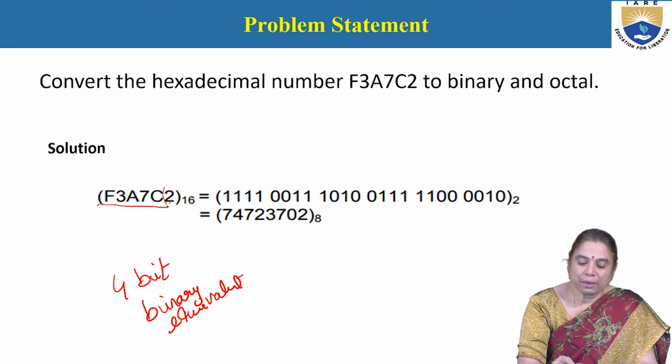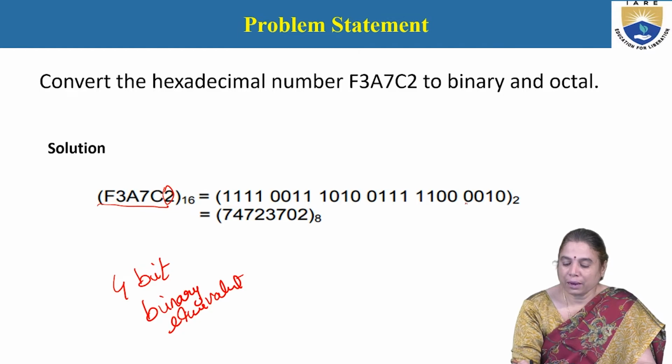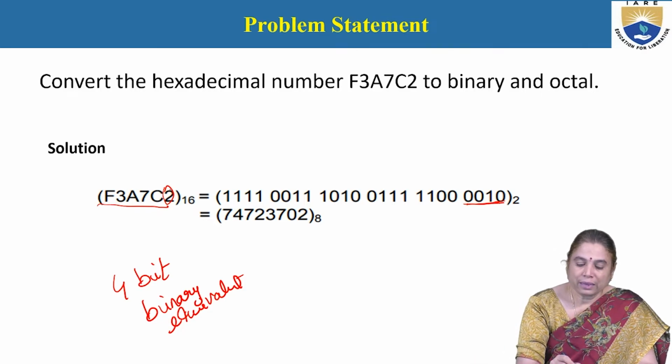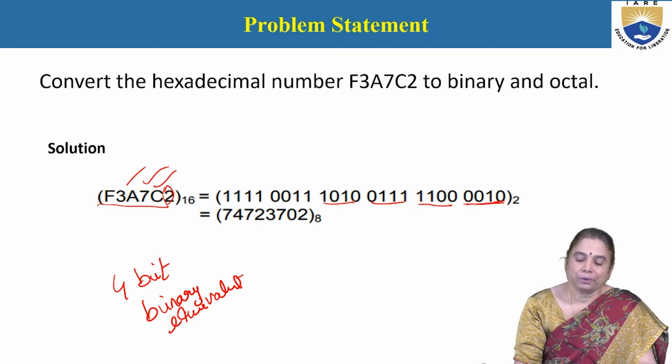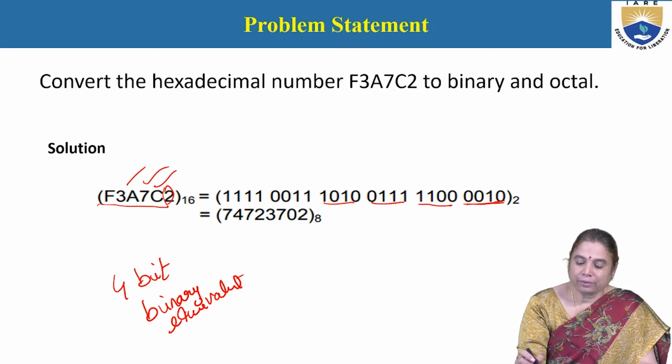So the digit 2 is represented with a 4-bit binary value of 0010. C is represented with 1100. 7 is represented with 0111. A is represented with 1010. 3 is represented with 0011.